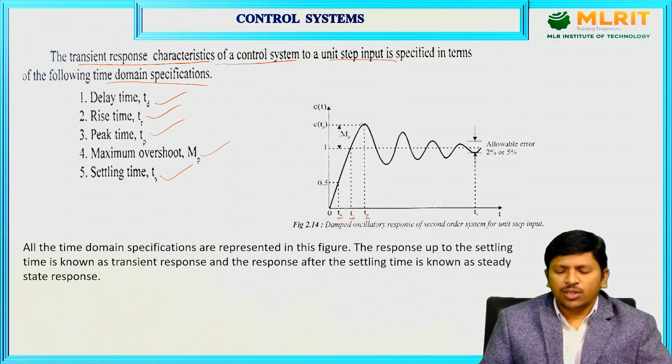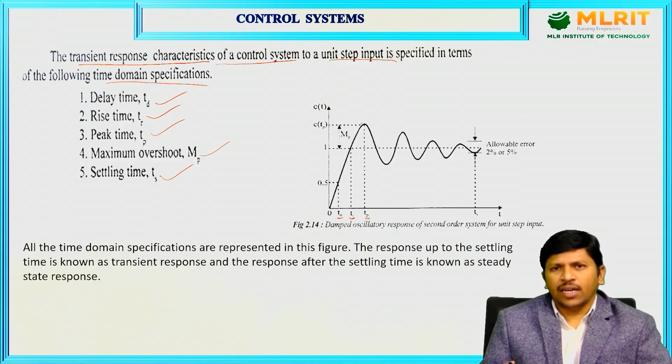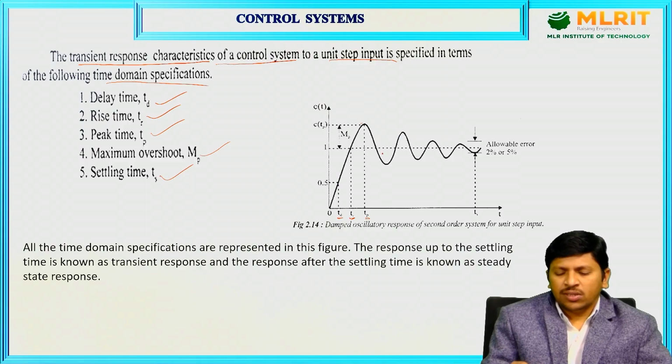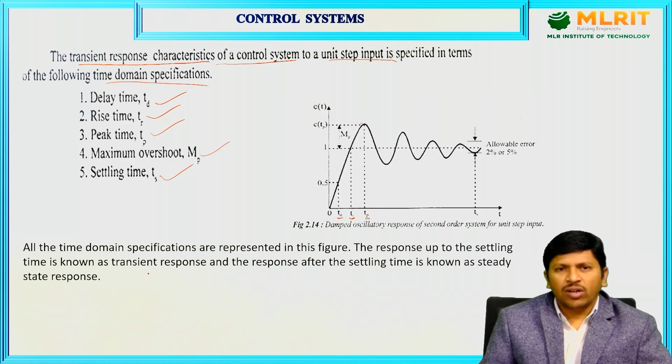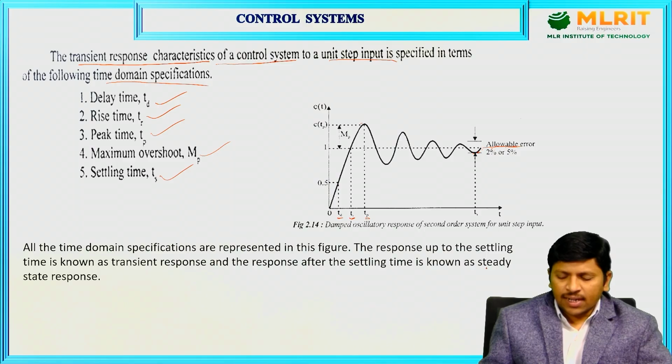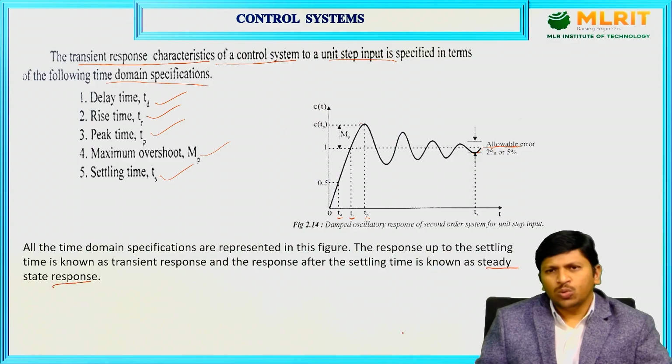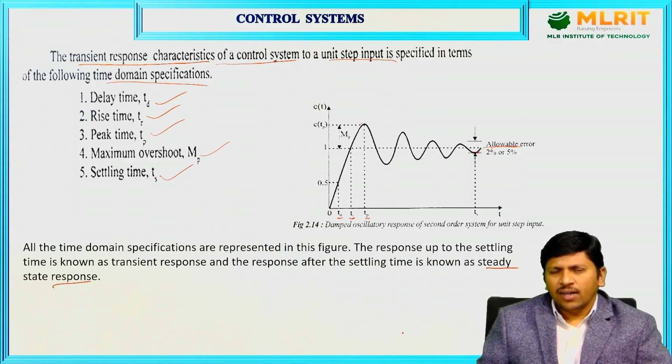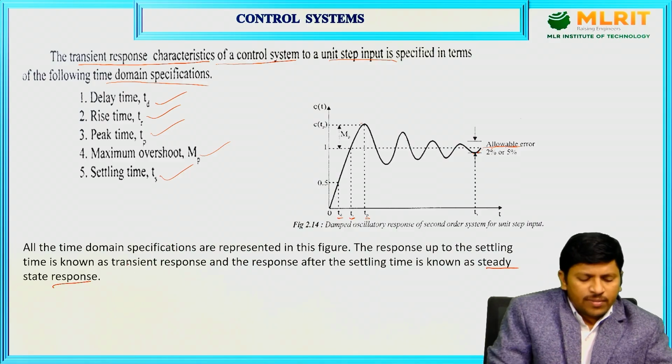The time response up to the settling time is known as the transient response, and the response after the settling time is the steady state response. So there are two parts in a time response: the transient response and the steady state response.